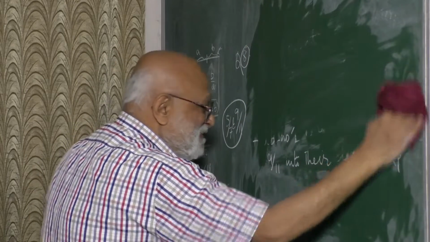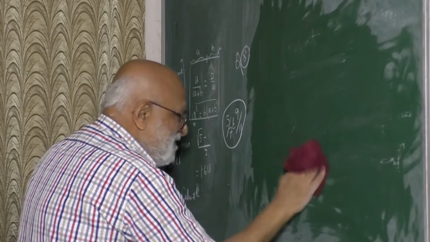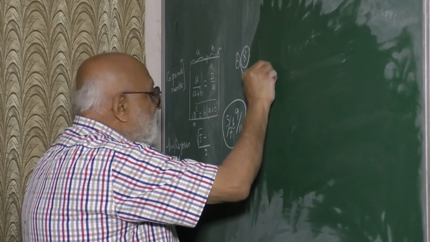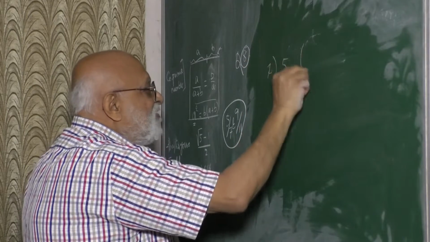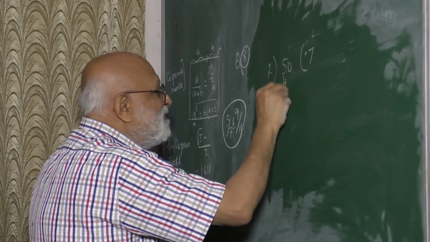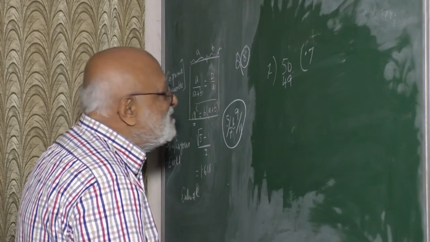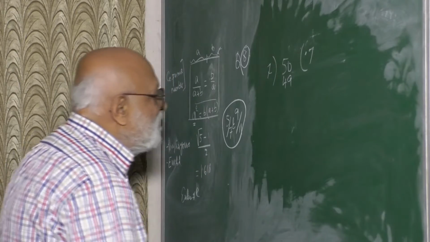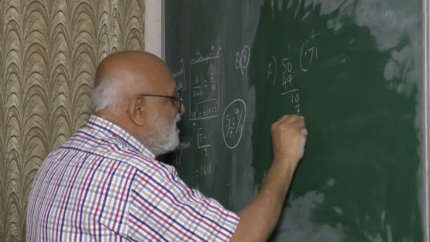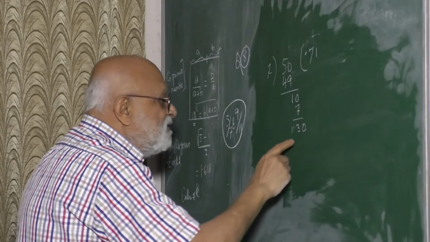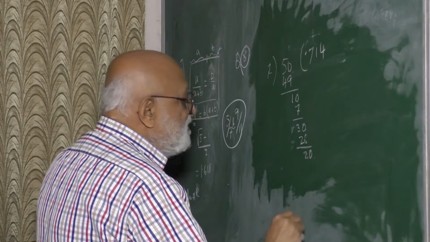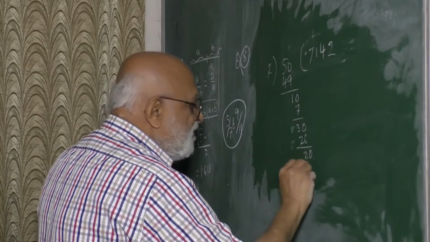So 7 into 5, 7 sevens are 49. So 50 minus 49 leaves 1. Then 10, 7 ones are 7, so the remainder is 3. 30 would be 4, 28, remainder 2. So that will give me 20.